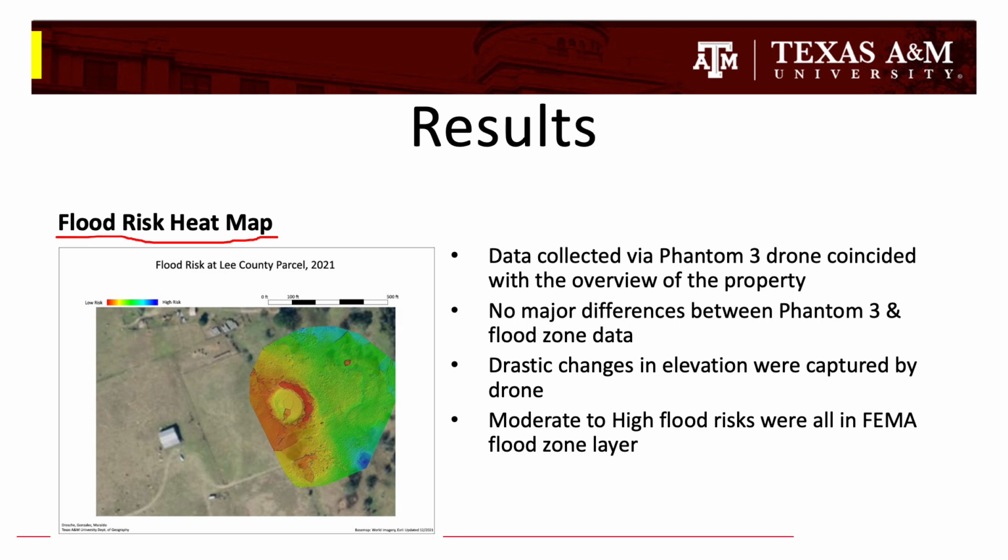And we determined that there's only a certain amount of areas that are high risk right here and this little boy right there. The drone captured the images and the changes in elevation, and no major differences were found by the Phantom 3 drone in the flood zone data.